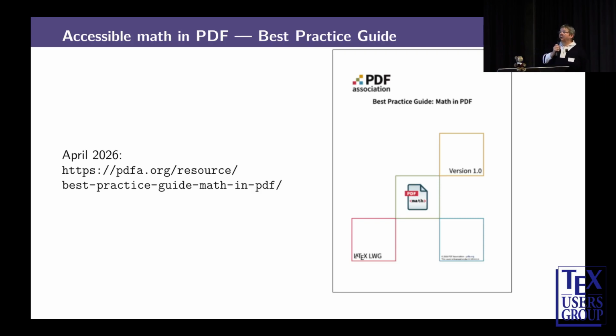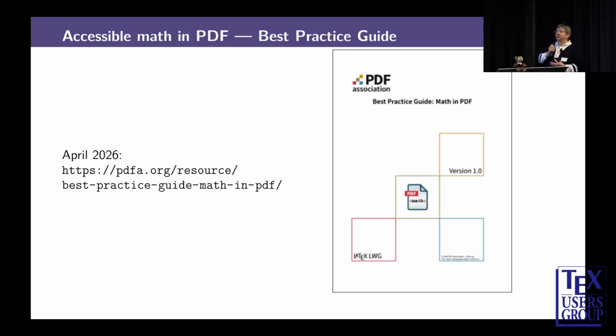A month later, the LaTeX LWG, that's the LaTeX Liaison Group, in the PDF organization, where we are a member, produced a best practice guide, Math in PDF, which describes how producers should put math into a PDF so that it is accessible.